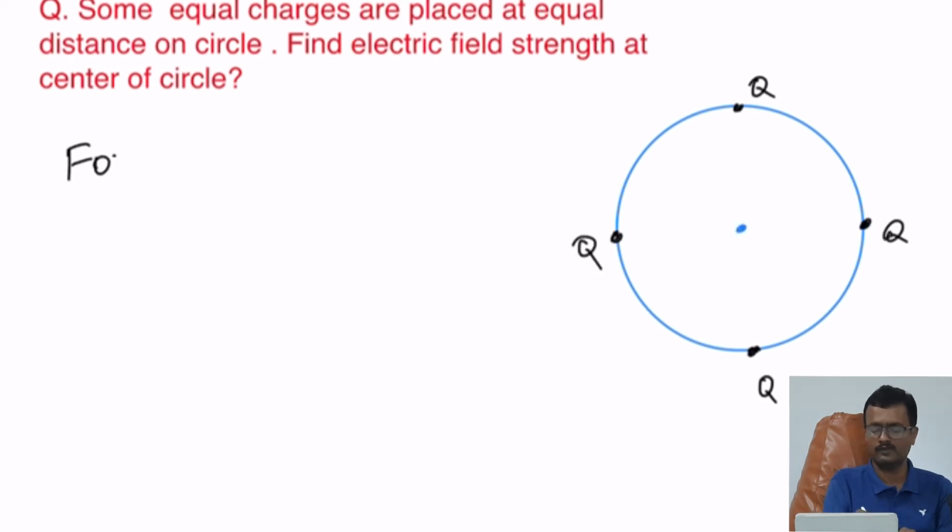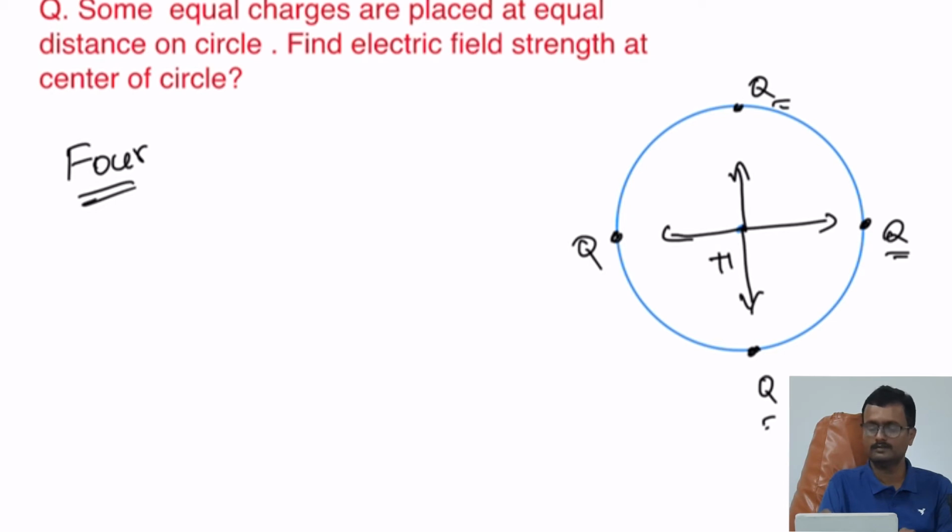Suppose we take 4 charges. These are the placements of 4 charges on the circle at equal distances. At the center is a unit positive charge. So this Q repels along this direction, this Q repels along this direction, this Q repels along this direction, and this Q repels along this direction.